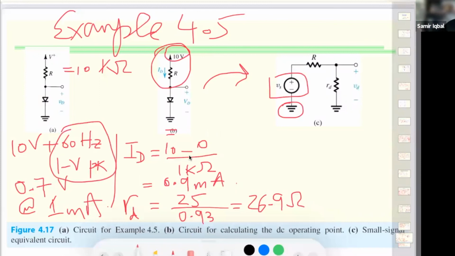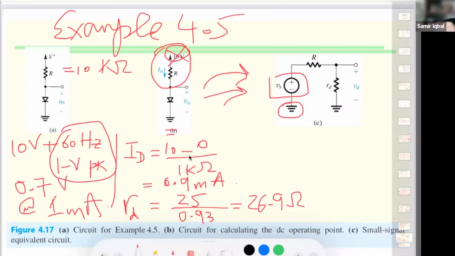Okay, this step is important for you to know how we do it. When you get rid of this, you are getting rid of the DC part, but not the signal. The signal is still there, but it's not a source, it's a signal with respect to ground. The 10 volt is now grounded in a way.